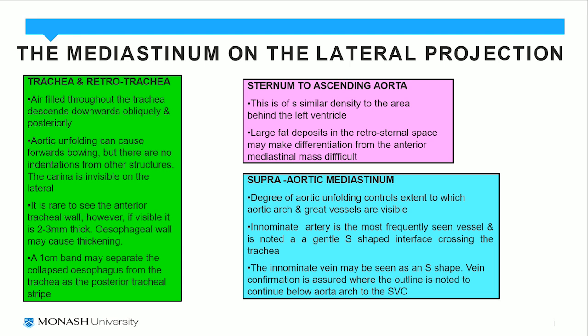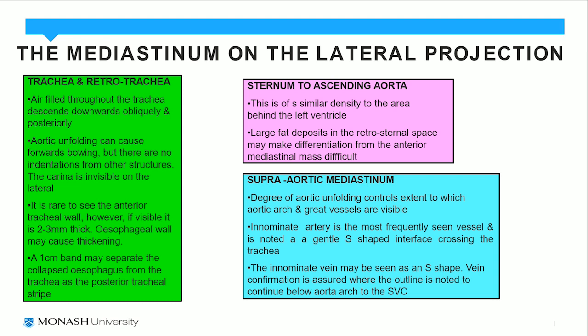With the trachea and retrotrachea, airflow through the trachea will descend downwards obliquely and posteriorly. If there's aortic unfolding, this can cause forwards bowing, but there are normally no indentations from other structures. The carina is invisible on the lateral view.